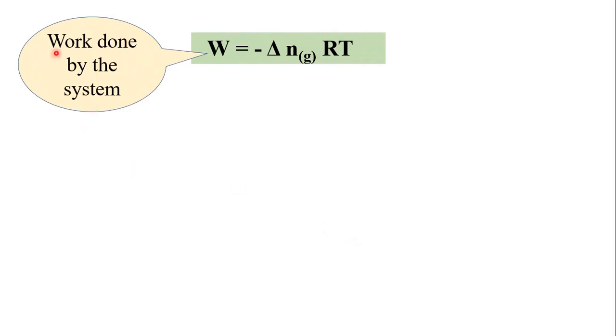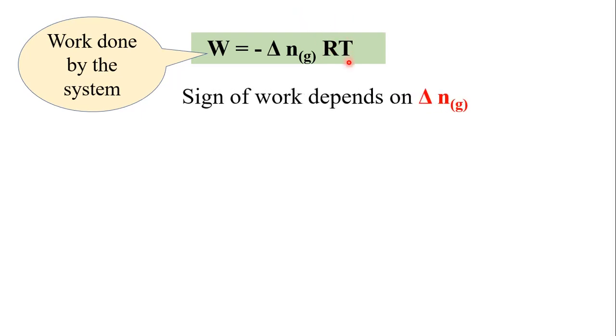Here we were considering the work done by the system, and therefore W is equal to minus delta nRT. The sign of this work depends upon delta n.